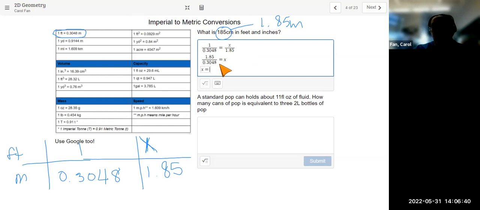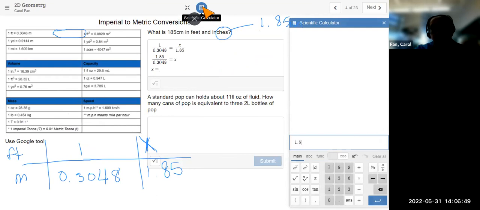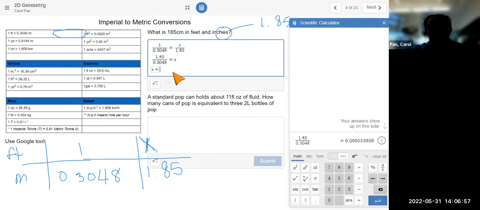Now I shortened it because I knew that if I multiplied this over, I'd have to divide it again, so I just left it like that. So 1.85 divided by 0.3048 is 6.069 feet.